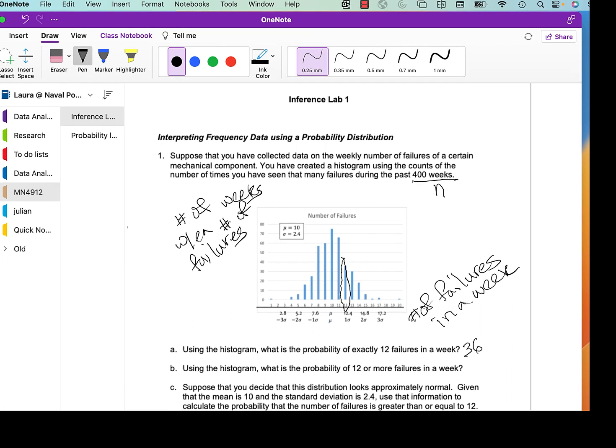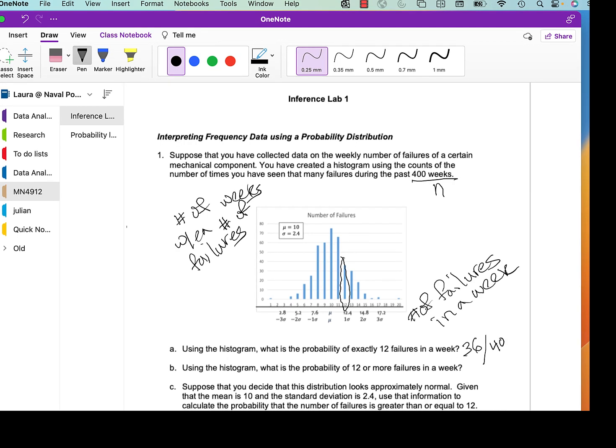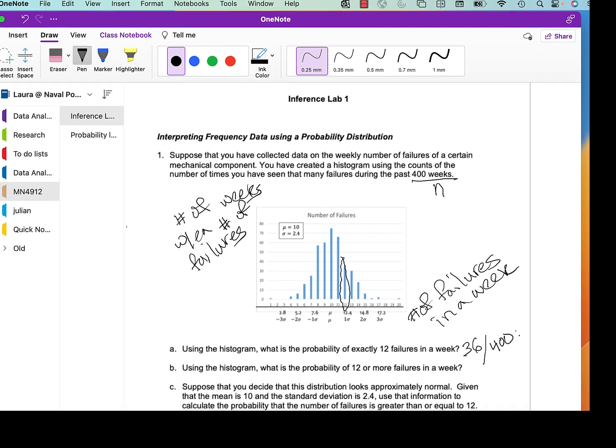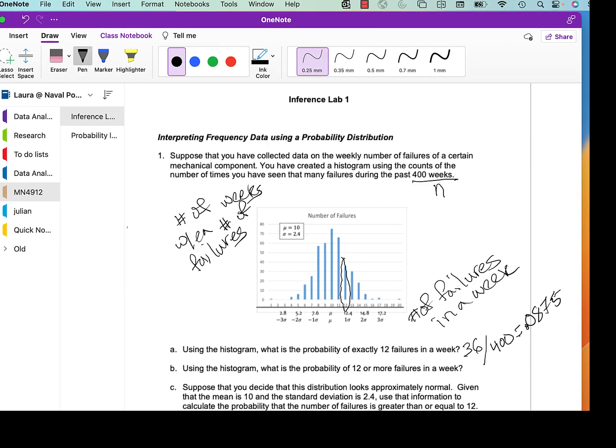So here we go, 12 failures in about 36 weeks. And so that's 36 out of 400. And that's going to give us close to 9%, right? 0.0875.